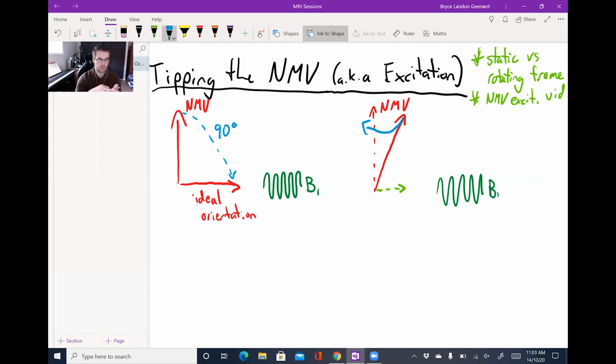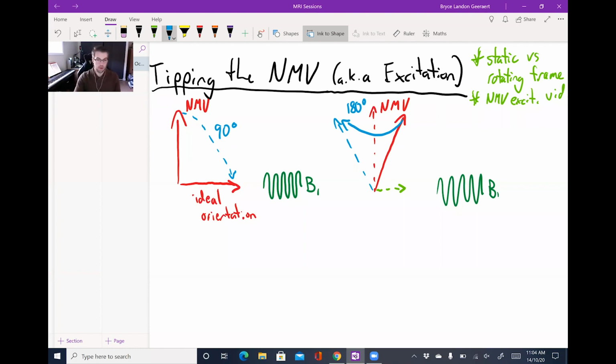And if we just consider what happens when the net magnetization vector reaches 180 degrees in phase. So say, I'm just going to draw in blue over here. So this is 180 degrees in phase.